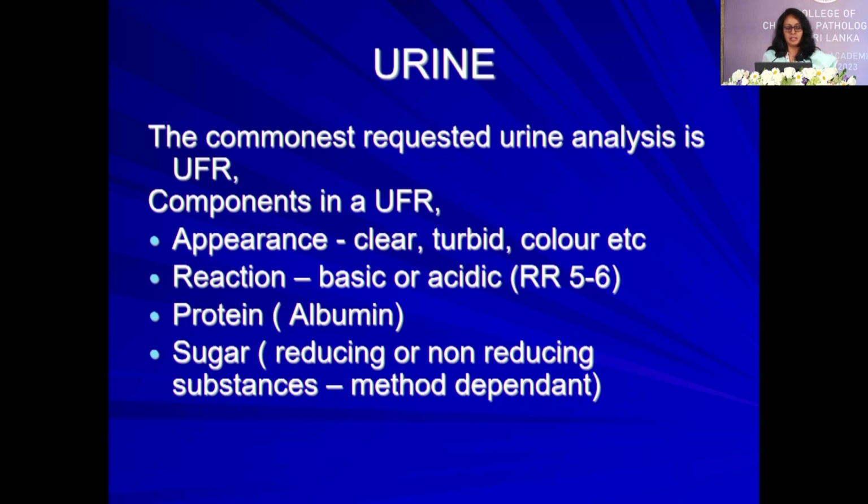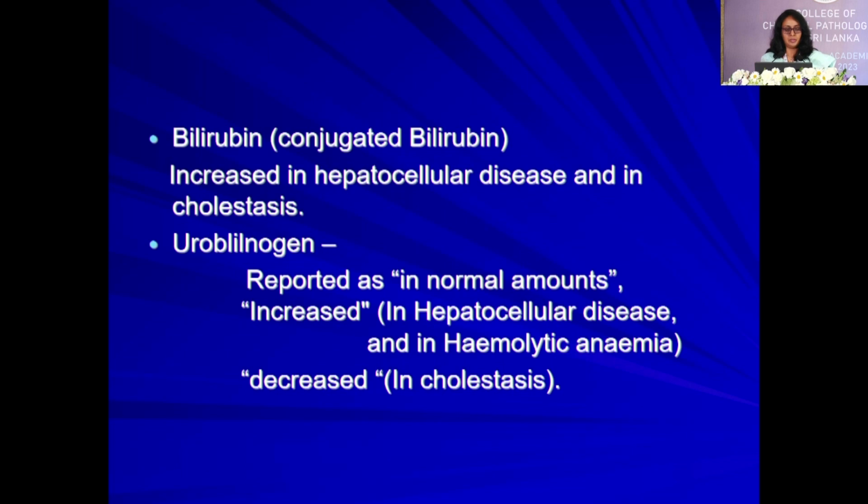Usually it is pH, the usual range is between pH 5 to 6, and the presence of protein, mainly albumin, and sugar. In sugar we have to mention whether it is reducing or non-reducing substances. The method is different for reducing and non-reducing substances.